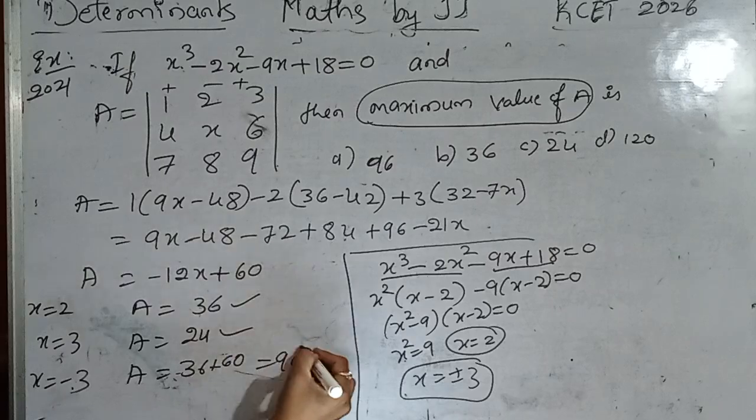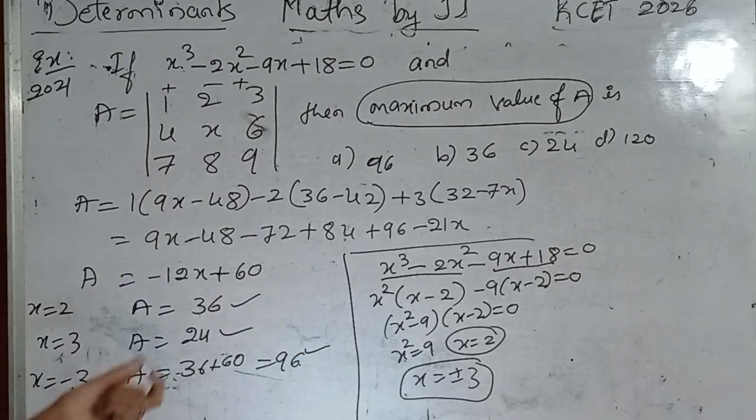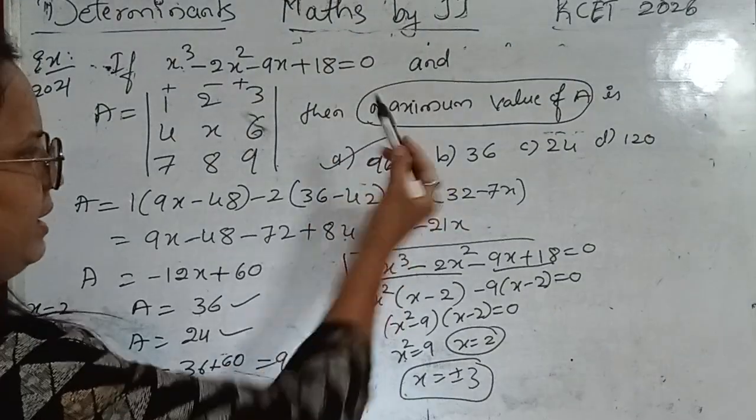So there are 3 values. Compare all the 3 values, and the maximum is nothing but 96.